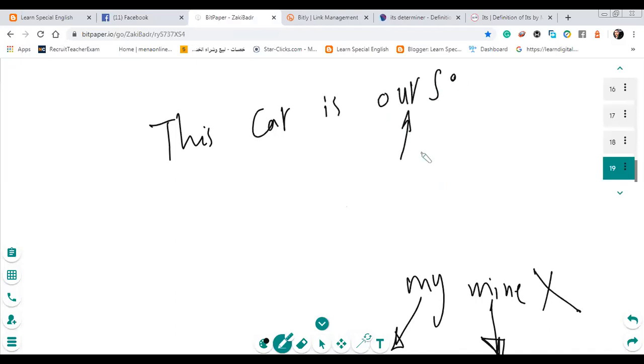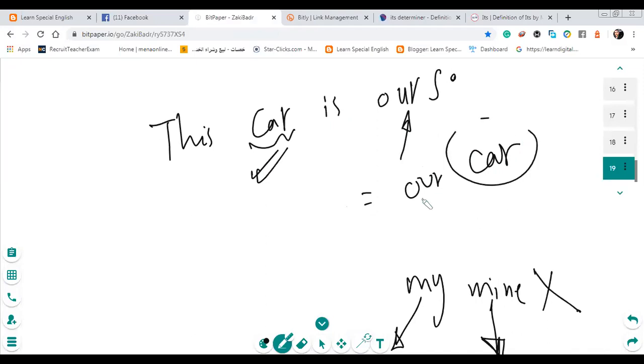So ours here means our car in possessive pronoun. Since we are talking about the noun, mentioned at first, we don't want to repeat it again to say, yes, this car is our car. Nobody says this. So instead we say, this car is ours. Or this car belongs to us.